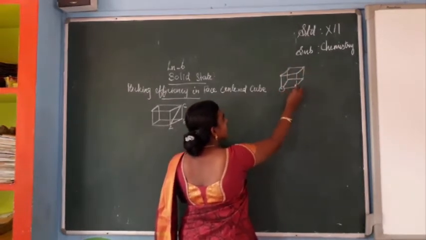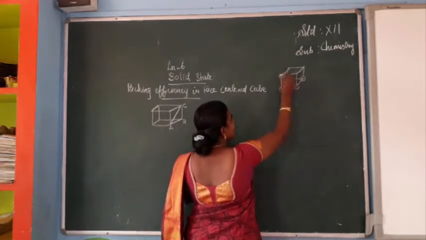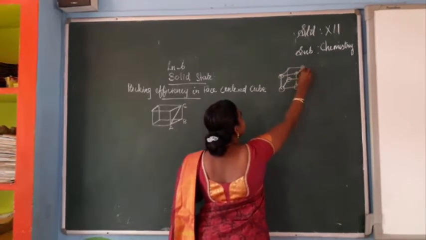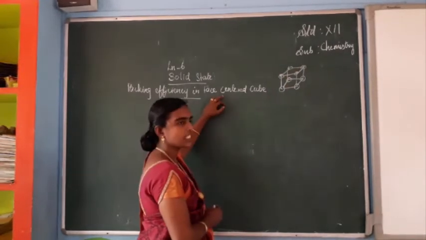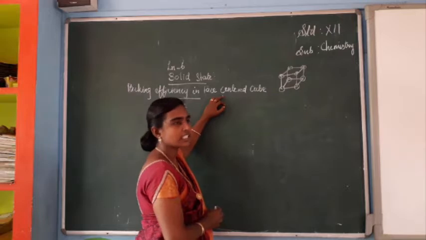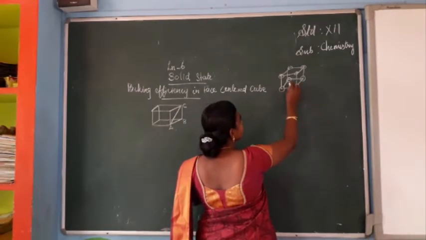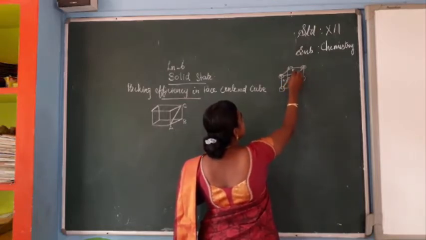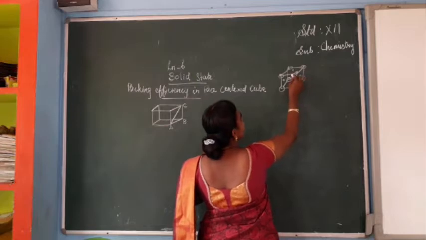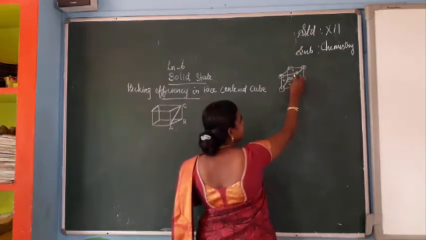It is having atoms in the corner, 8 corners in a cube, and along with that, for face-centered cube, 6 atoms are present in 6 faces like this. 1, here 2, 3, 4. One is at the front side of the cube, and one face is at the back side.